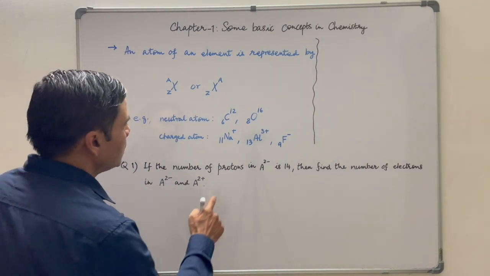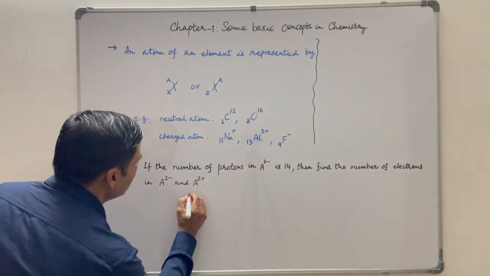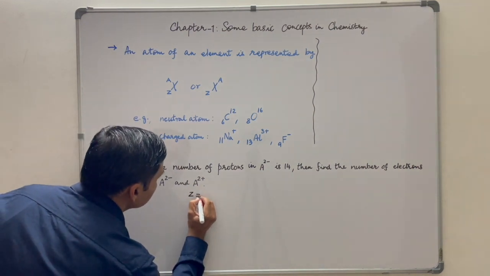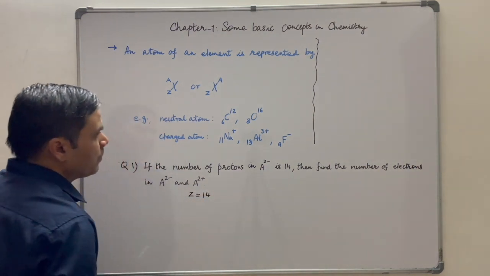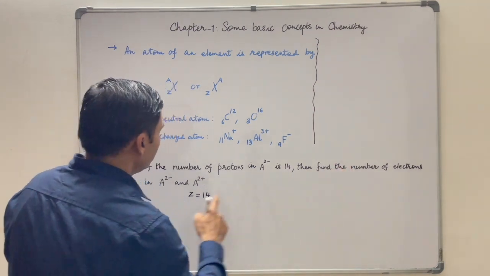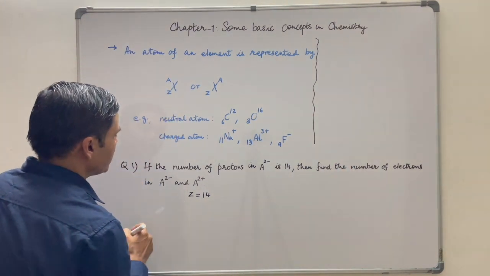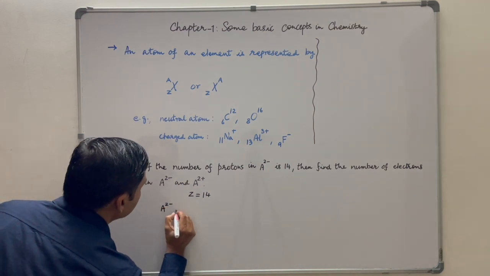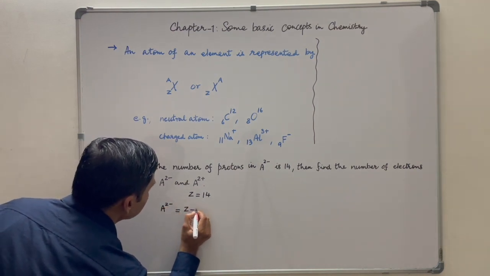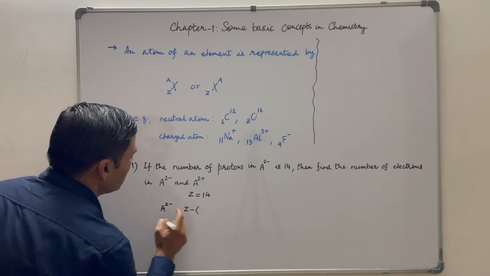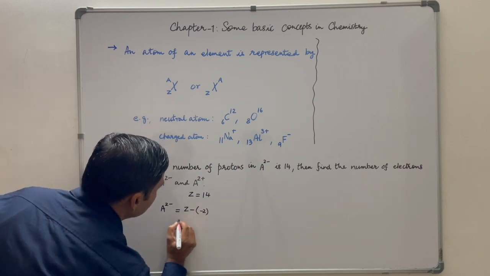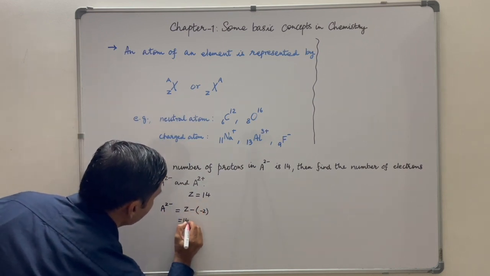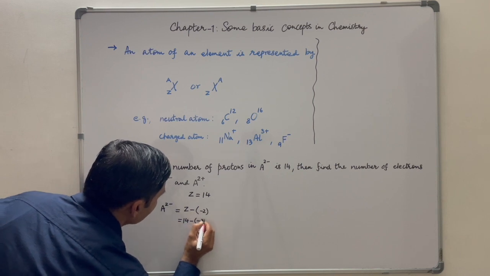We know that number of protons is equal to Z. So Z is given as 14. We have to calculate the number of electrons in charged atoms. So number of electrons in A2 minus will be equal to Z minus charge on atom, that is minus 2. Z is given as 14, so 14 minus minus 2.